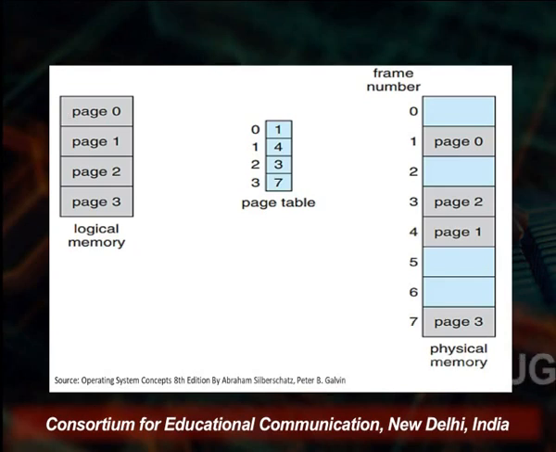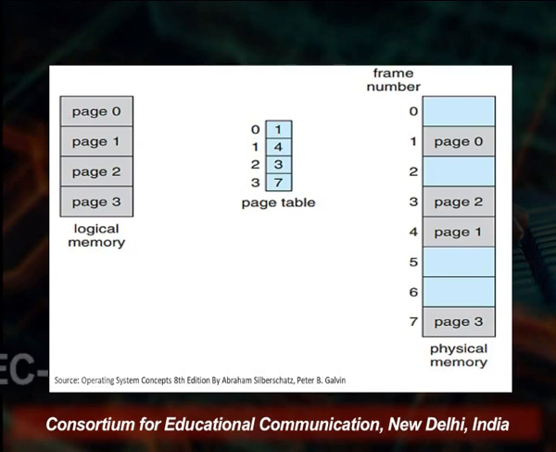And inside the physical memory you can see that page 0 is stored inside frame number 1, frame 4 is given to page number 1, frame 3 is given to page number 2, and page number 3 resides inside frame number 7, as the page table is saying.